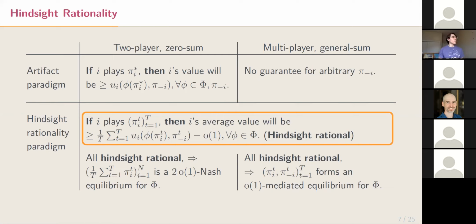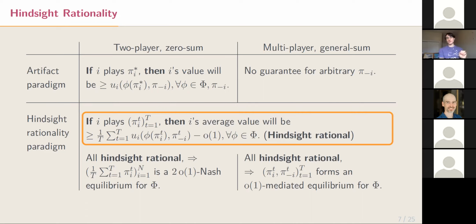So if player i plays the sequence of strategies generated by a learner, then that player's average value will be at least as large as the average value that any deviation could have achieved, with some sub-constant wiggle room that's going to 0 over time for all deviations. And we call this property hindsight rationality.